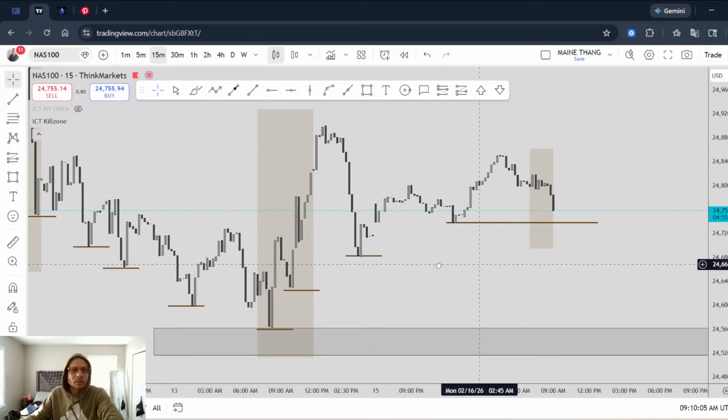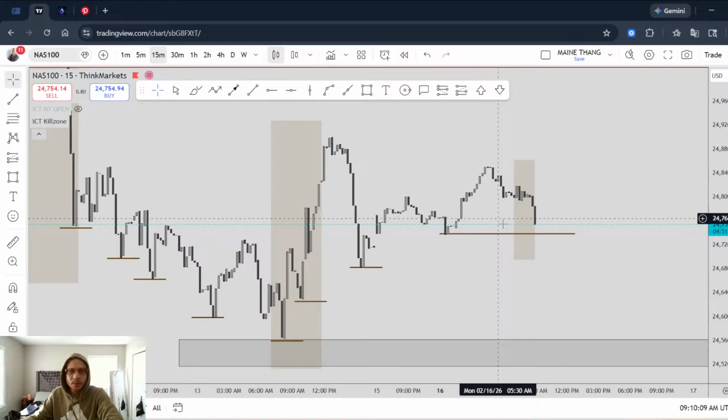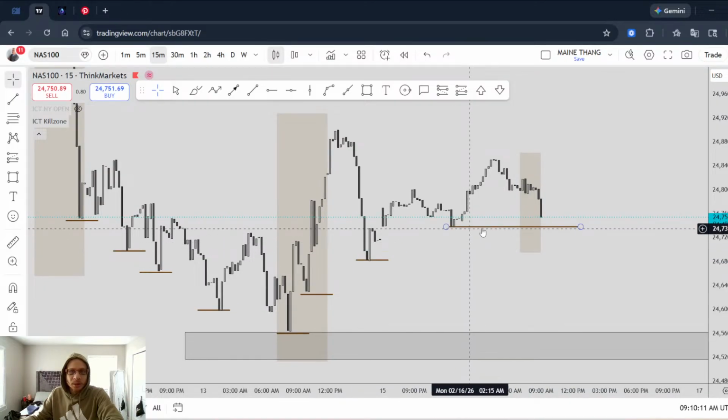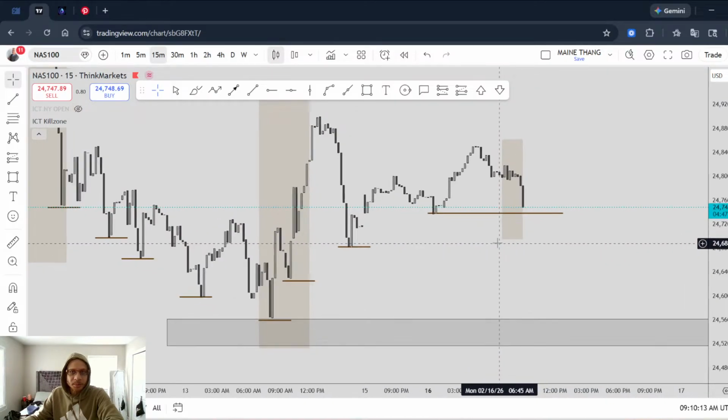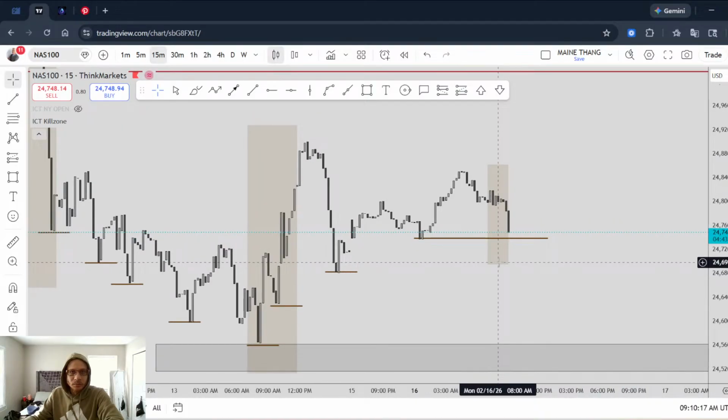But anyway, we want to see price break this step, because now we have a lower high.